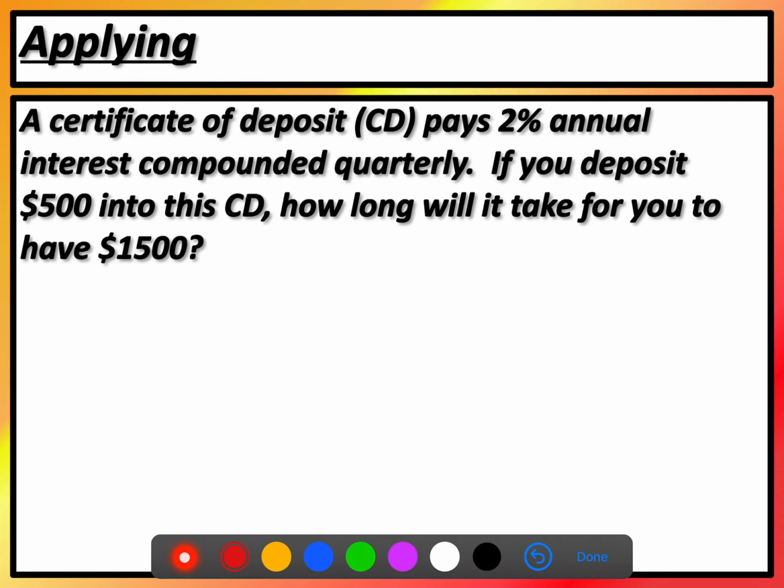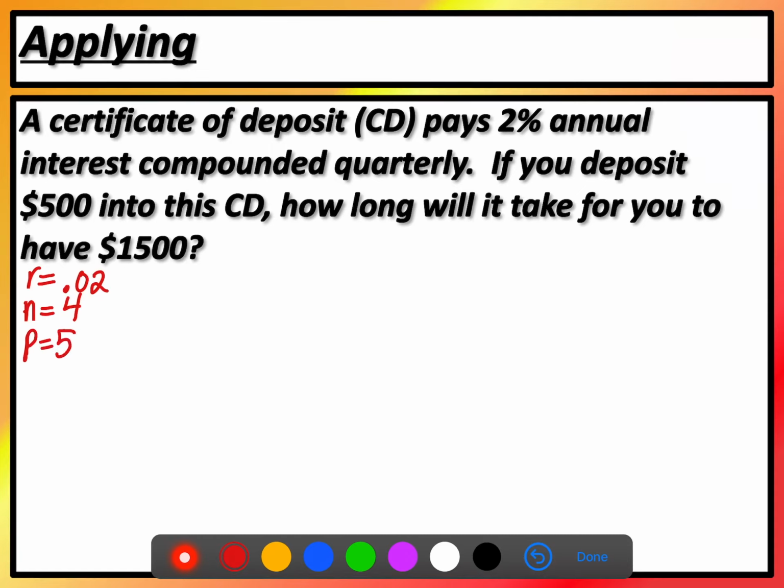Okay. So a certificate of deposit pays 2% annual interest rate compounded quarterly. If you deposit $500 into the CD, how long will it take for you to have $1,500? Okay, so the 2%, that's our rate. Compounded quarterly means it's been compounded 4 times.